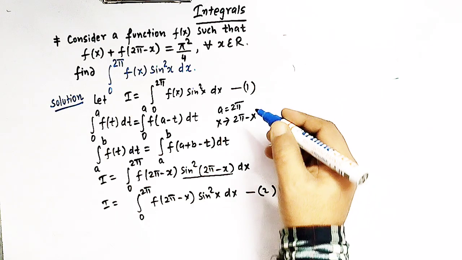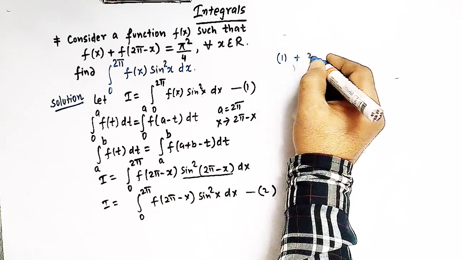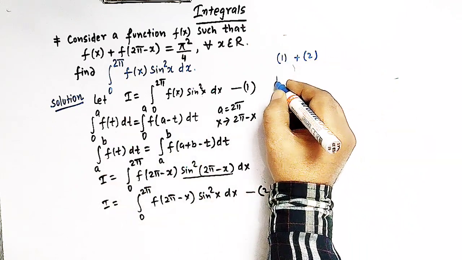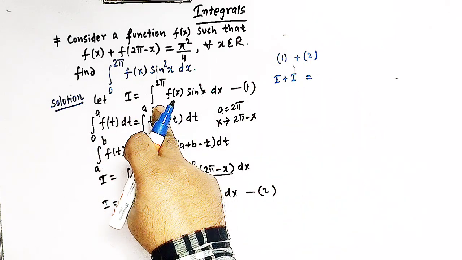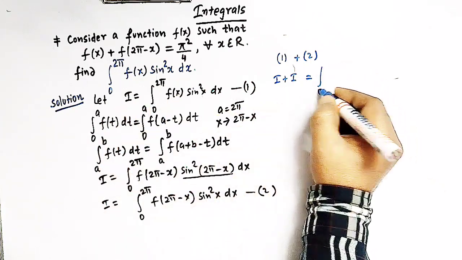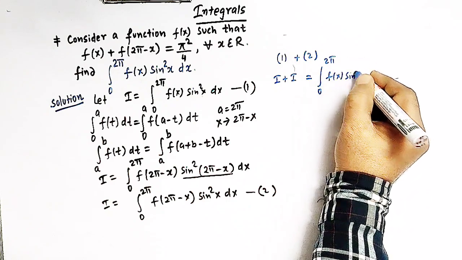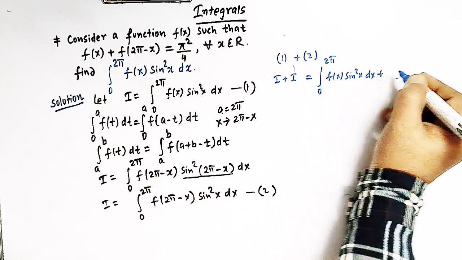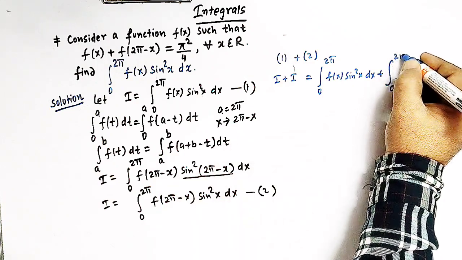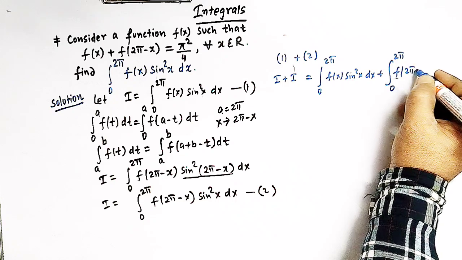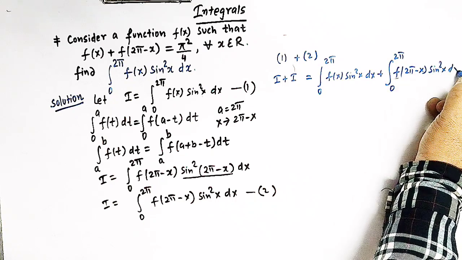Now let us add 1 and 2. Adding 1 and 2, we get I plus I on the left hand side, and on the right hand side we have the integral from 0 to 2 pi of f of x sine square x dx plus the integral from 0 to 2 pi of f of 2 pi minus x sine square x dx.